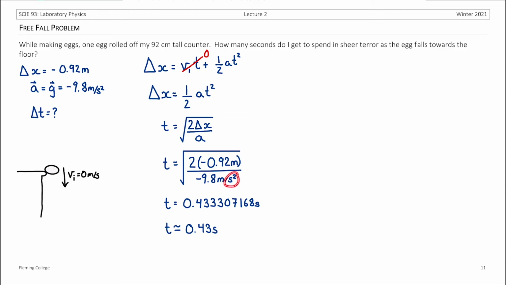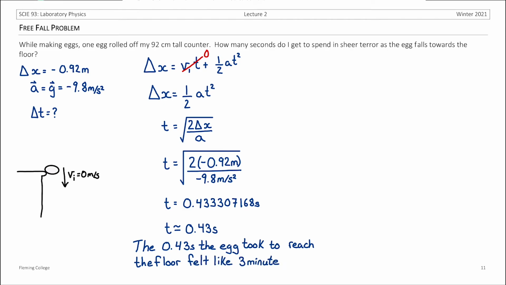And then we're dividing by seconds squared, which should bring those units up top, and taking the square root of a squared unit will result in a linear unit. And our final statement is the 0.43 seconds the egg took to reach the floor felt like 3 minutes.